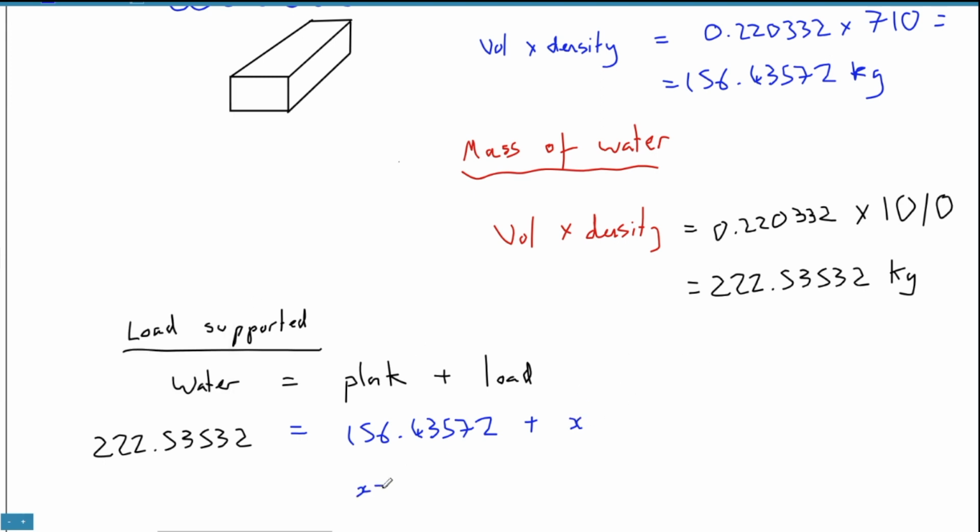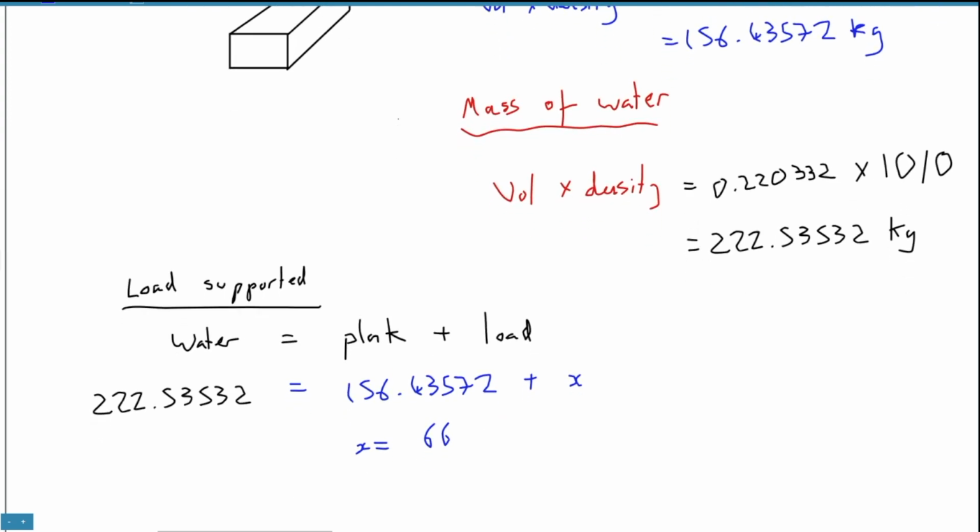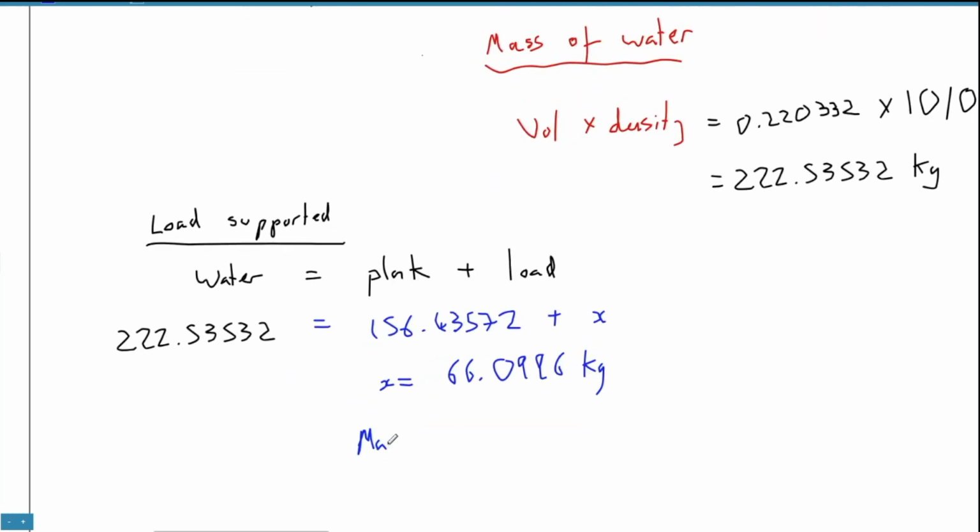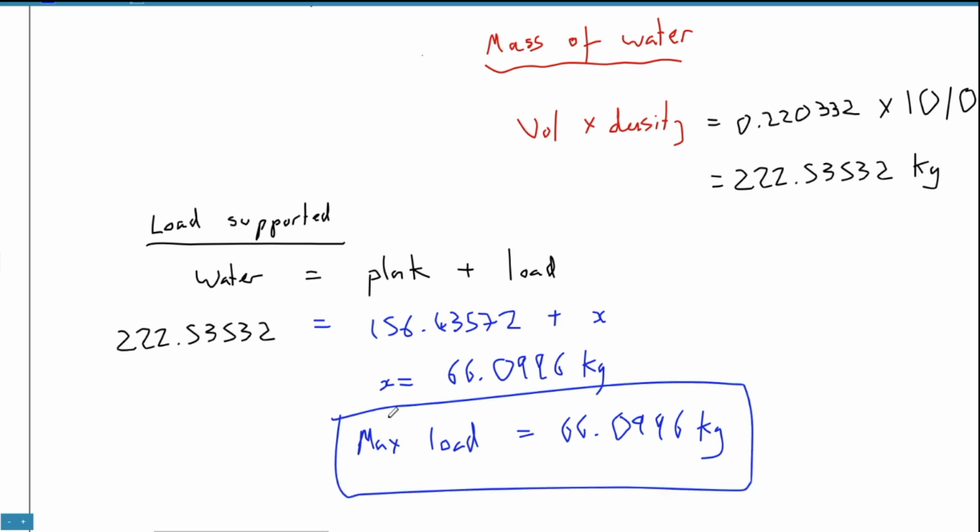We're going to put down here, x is equal to 66.0996 kg. This is the load. The max load to be supported is equal to 66.0996 kg. Otherwise it's going to sink after that. Easy.